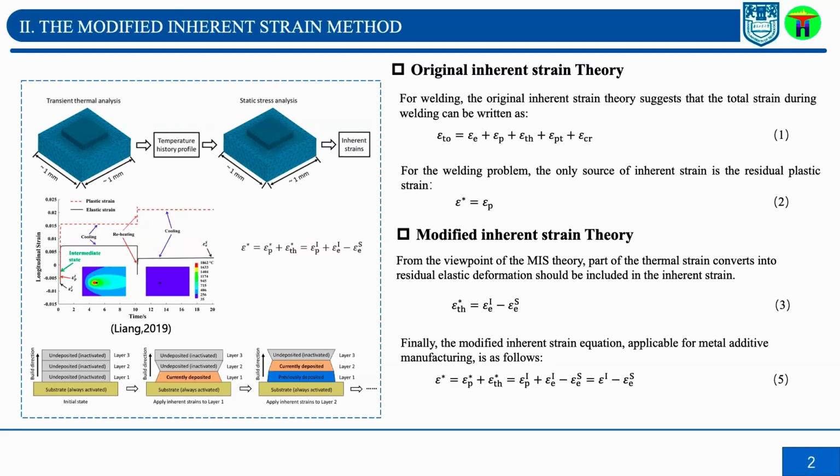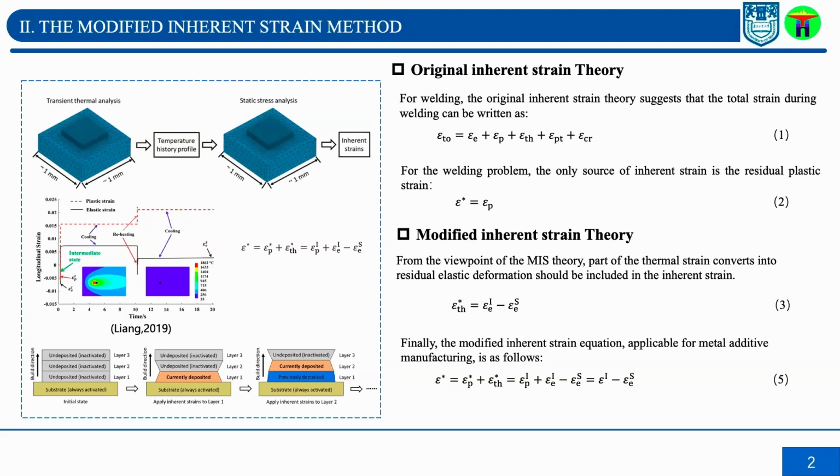But for the AM process, there is the constraint between the layers. Some part of the thermal strain is converted to residual elastic deformation, and the modified inherent strain theory thinks that this part of the thermal strain should be included in the inherent strain.